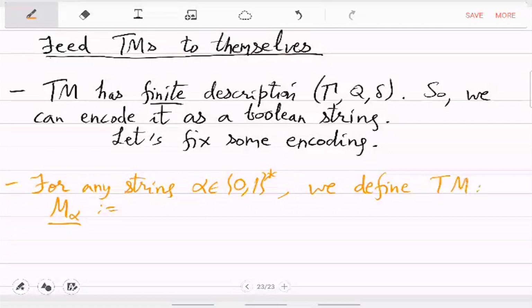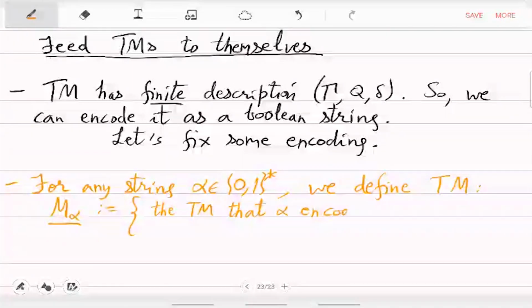So, okay, let me define it in two ways. M alpha is the Turing machine that alpha encodes, if alpha does encode one.